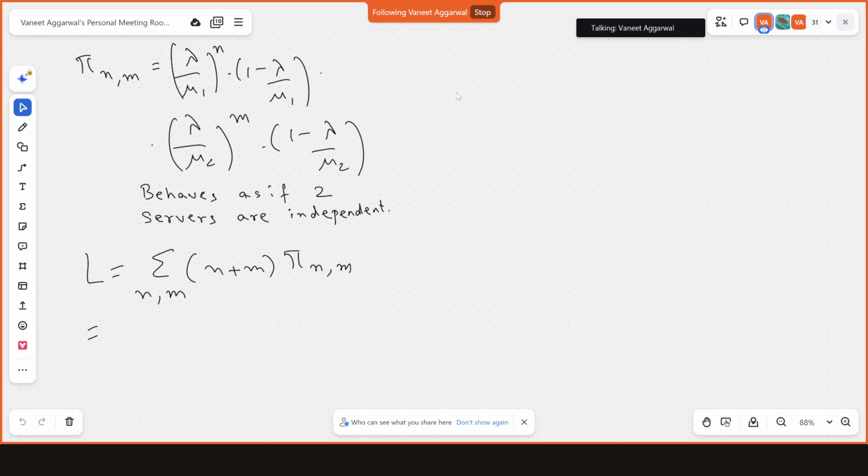Once you solve this, it is lambda over mu 1 minus lambda plus lambda over mu 2 minus lambda, which is the average number of customers in the first server plus the average number of customers in the second server. So the average number of customers actually just sums over the two servers. This was the formula from M/M/1 for server 1, and this is again the M/M/1 formula, which gives the average number of customers in system 2.